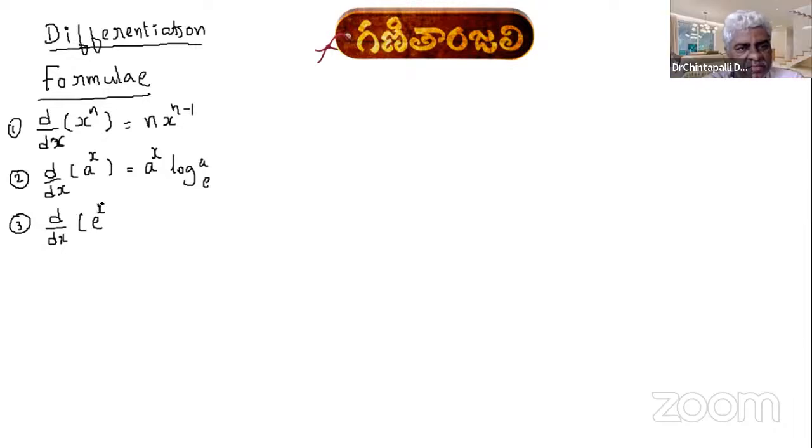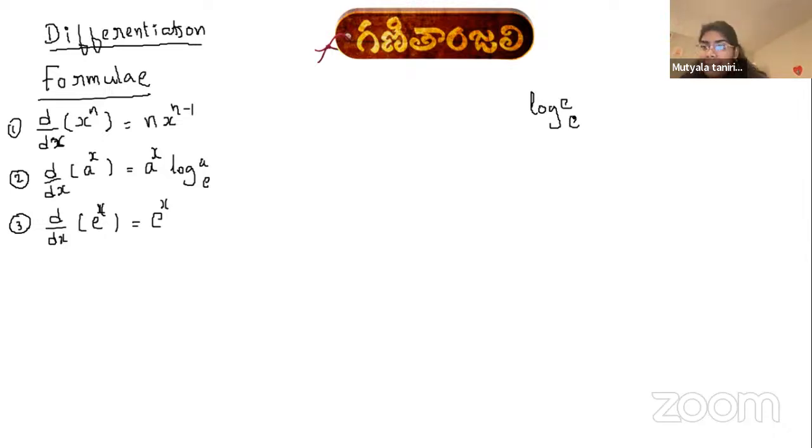Can you tell? The formula for a power x is a power x into log a base e. What is the formula for e power x? It is e power x into log e base e.